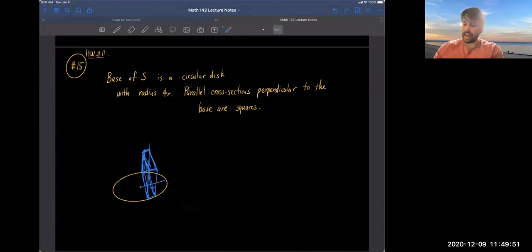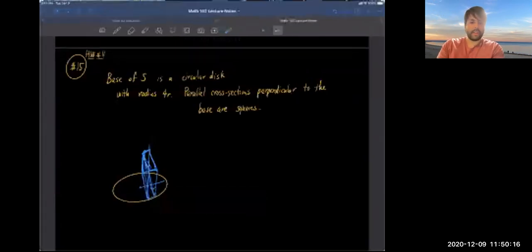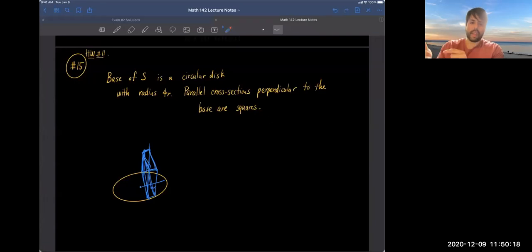So the idea is that I'm stacking squares. I'm stacking squares of different sizes depending upon the circle base that I'm at. So this is one of the squares, but I have smaller squares as I get closer to the edges. So the idea is, how do I find the volume of that solid?